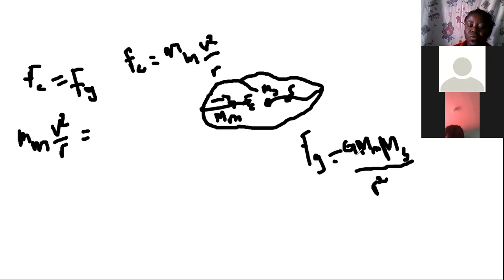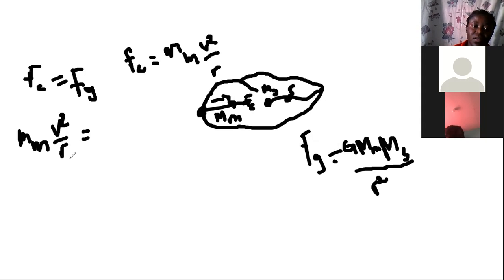Remember, if you look up here, the distance from the center is equal to the distance between the two objects, because if the object is at this point here, then this is the radius, which is the same as the radius between the two objects.